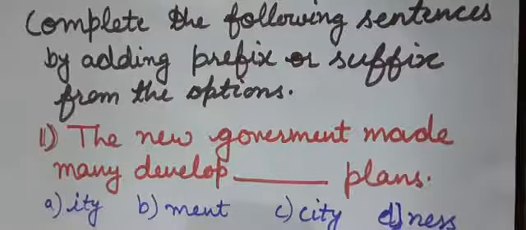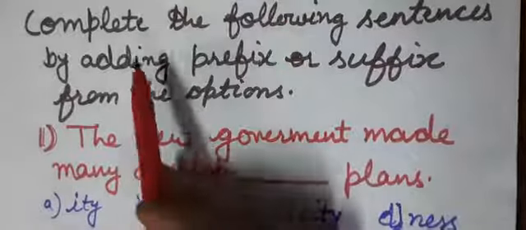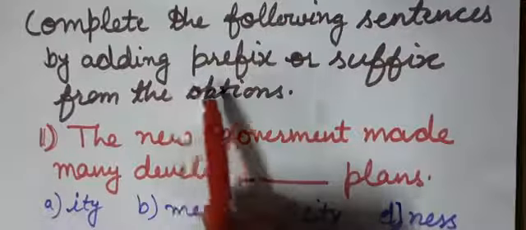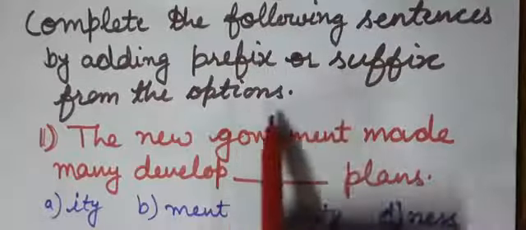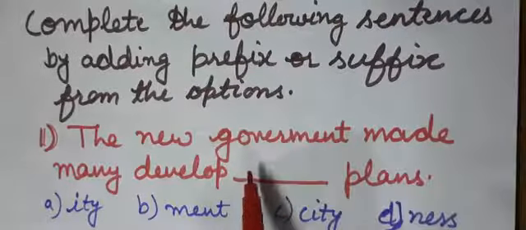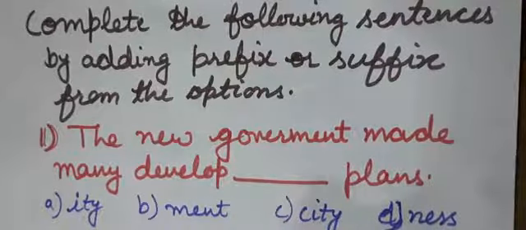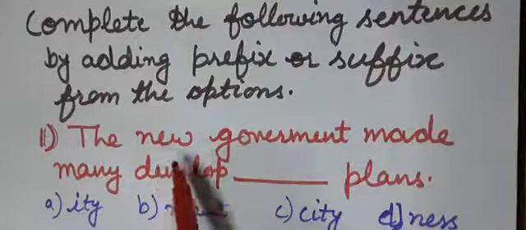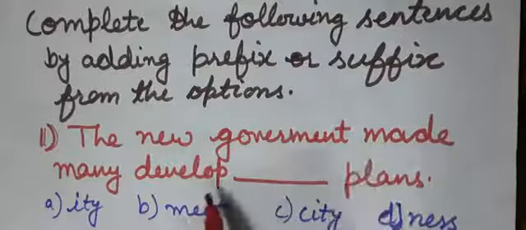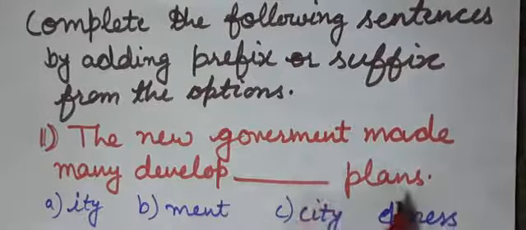Now, let's take a few sentences. Complete the following sentences by adding a prefix or suffix from the options. Here is the sentence, and according to the sentence, a few options are given, and you have to tick the correct option. You have to see where a prefix will come or a suffix will come. The new government made many developed dash plans.